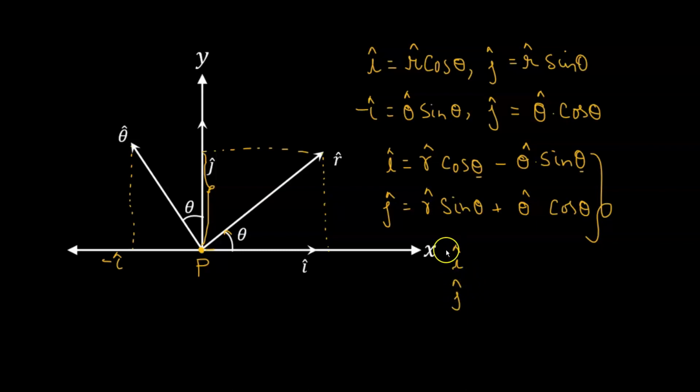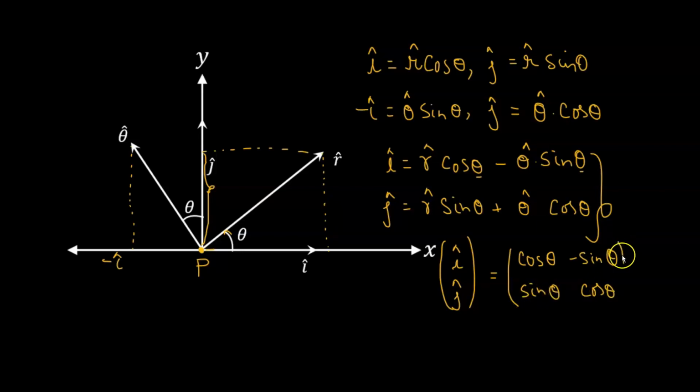So we have a column matrix that comprises i cap and j cap, that's equal to the coefficients of r cap and theta cap. So that will be cosine theta, minus sine theta as elements in the first row, and in the second row we have sine theta, cosine theta, all multiplied to the column matrix r cap theta cap.